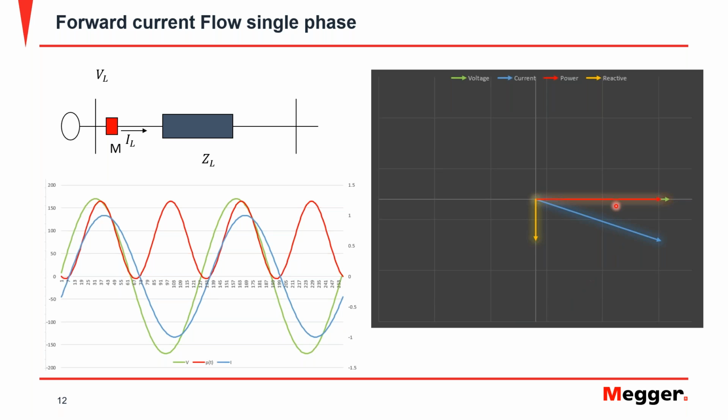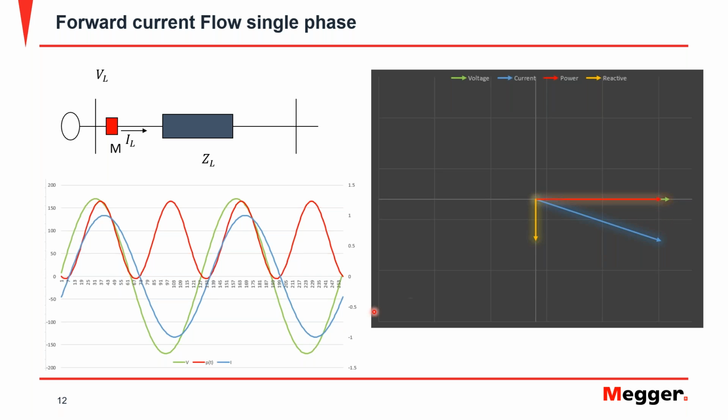If the load is mainly inductive and if the load is drawing current in the forward direction, let's say, of this measurement element that we have here, then we have this condition where the current vector could be in any place in this quadrant down here. This is known as the current lagging the voltage, and we have a positive power factor in this case.